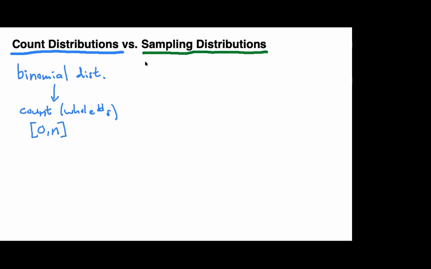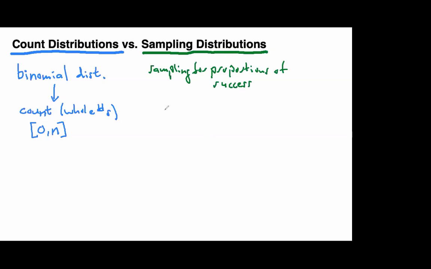When we're talking about a sampling distribution, we're sampling for proportions of success. In other words, how often do we successfully observe in our sample that characteristic we're looking for, and then we represent that count as a proportion.